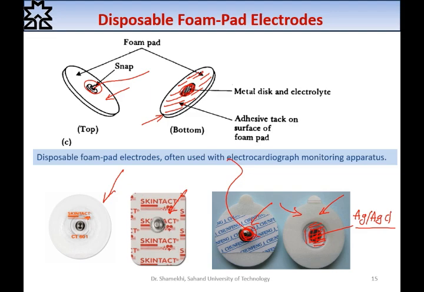We can use disposable foam pad electrodes in ECG, EMG, and also rarely EEG. Also, we can use it for EOG, electrooculogram.